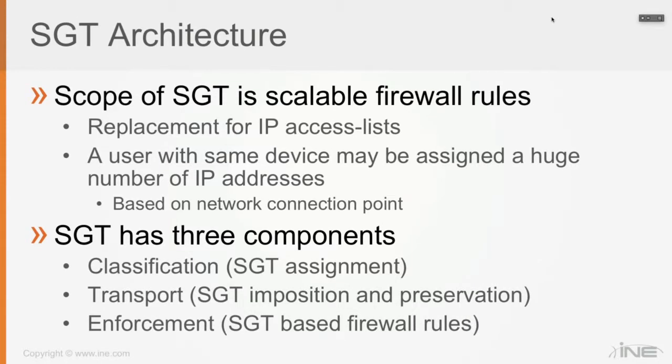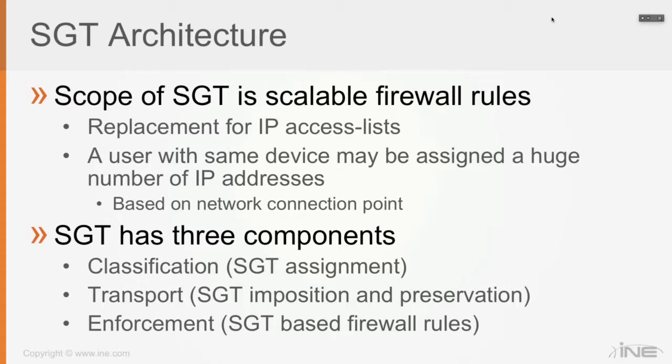Now for SGT to work, we have three main components. We have the classification part, where it means that we have to assign an SGT value to a specific user or specific device. The transport part, which means in order to be able to configure firewall rules based on SGT values, that SGT value has to be transported across the network.